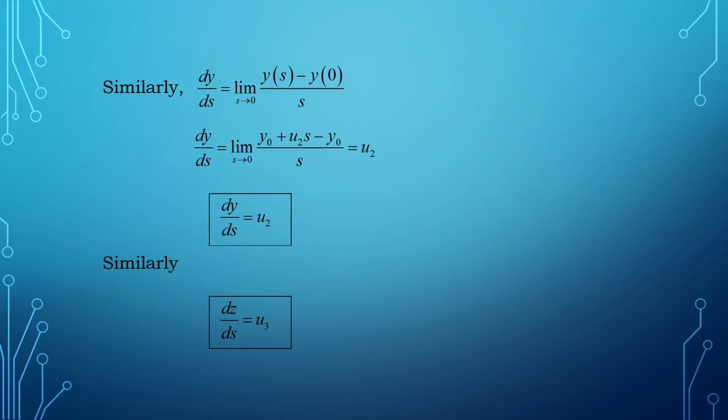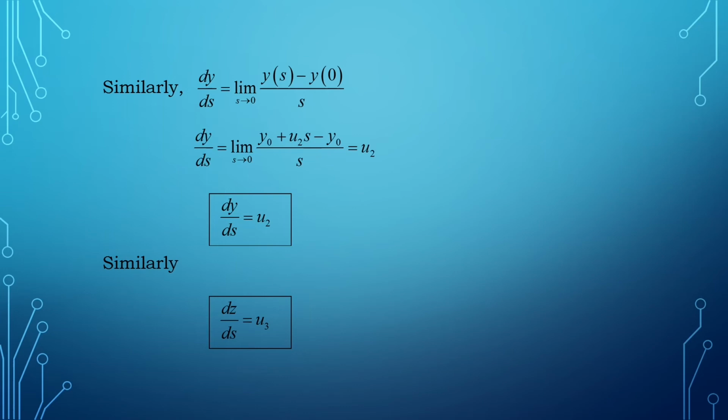We need to find out dy by ds and dz by ds also. dy by ds equals limit s tends to 0 y of s minus y of 0 upon s. This again equals limit s tends to 0 y naught plus u2 s minus y naught upon s. After cancelling y naught, we get dy by ds equals limit s tends to 0 u2 s upon s.